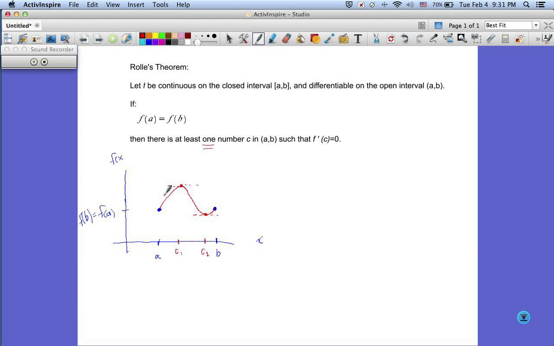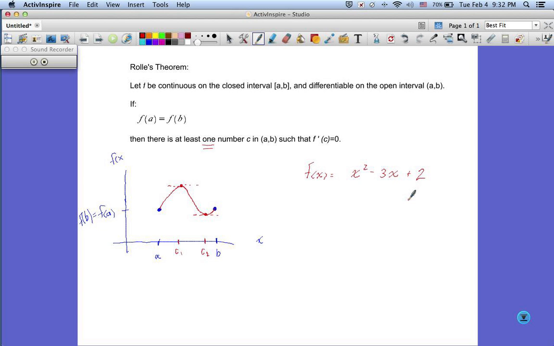Why is it important to have a derivative equal to 0? Well, that's a critical value. And critical values are where we find relative extrema and absolute extrema. So let's take an example here. Let's take f of x equal to, let's just take a boring old x squared minus 3x plus 2, boring old quadratic.